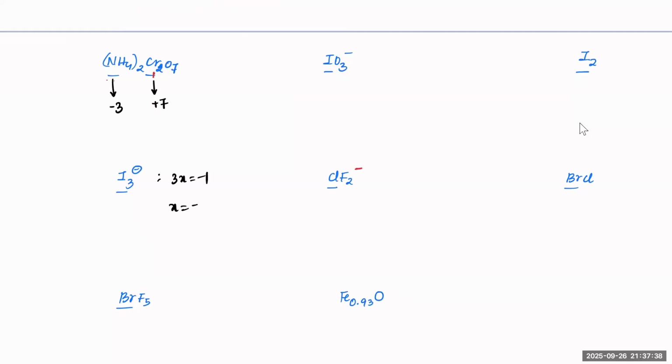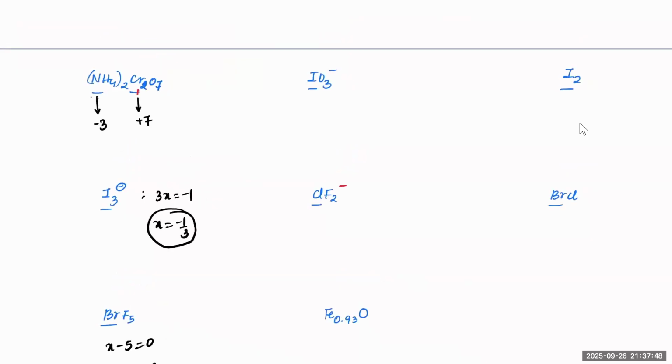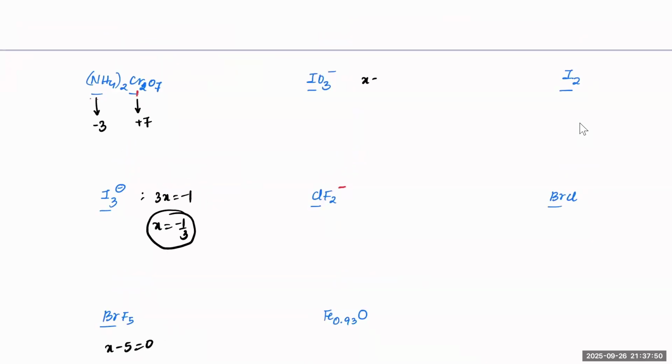So x is equal to -1 by 3. And here bromine, x minus 5 equal to 0, x is equal to +5. Iodine, here we learned it already, x is equal to +5. ClF2 minus, so x minus 2 overall equal to -1, so x is equal to +1.